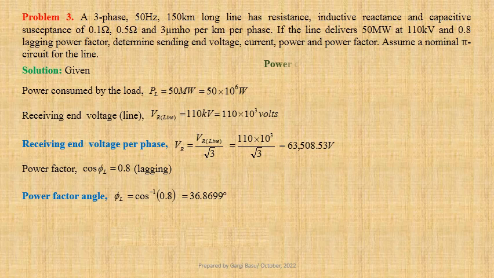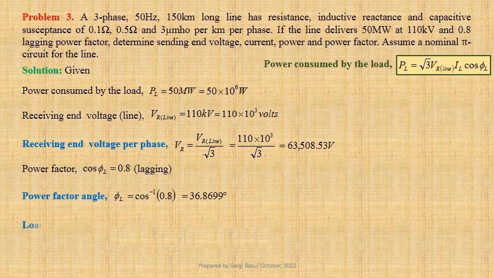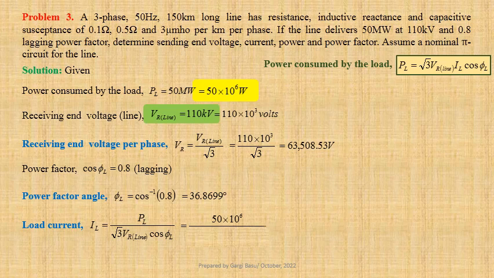Expression for power consumed by the load PL equals root 3 times VR line into IL cos phi L. Therefore, load current IL equals PL divided by root 3 times VR line into cos phi L. Using values we get 50 into 10 to the power 6 divided by root 3 into 110 into 10 to the power 3 into 0.8, that is equal to 328 ampere.